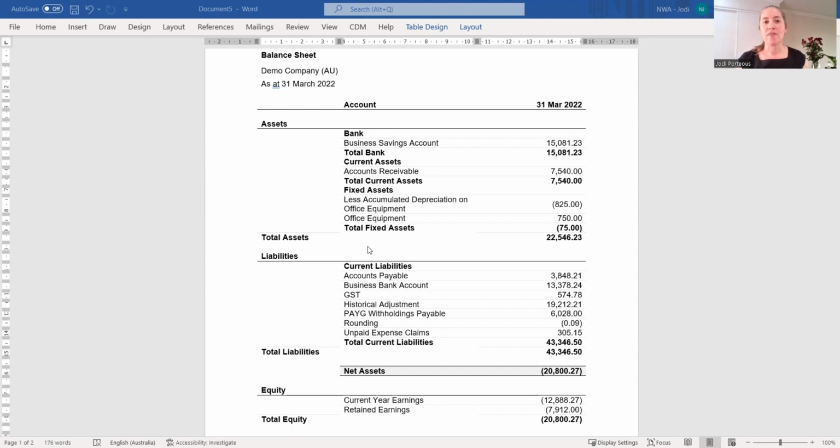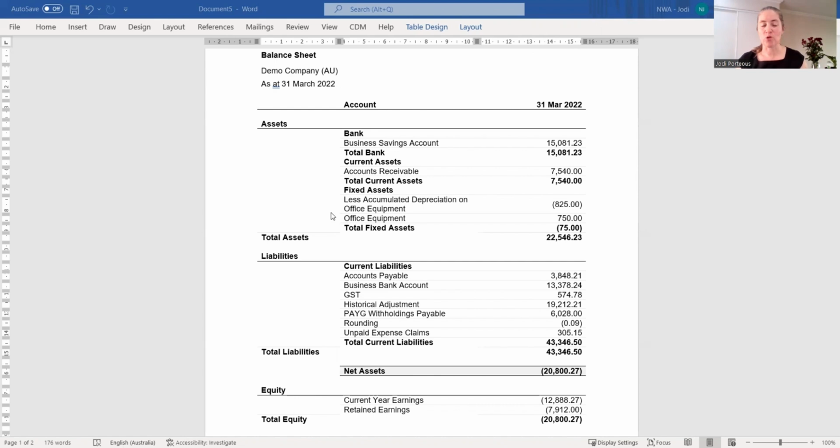Okay, so the balance sheet shows your assets, which are the things that you own, your liabilities, which are the things that you owe to other people, and then your equity. Briefly, your assets are the things that you have control of. We've got examples here: your savings account, your accounts receivable, so the money coming in from the invoices that you've sent out, and your fixed assets. Some examples of fixed assets are office equipment, plant equipment, motor vehicles, anything you're using that's long term.